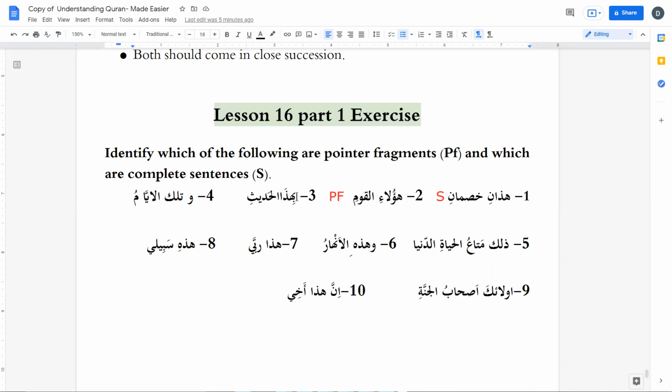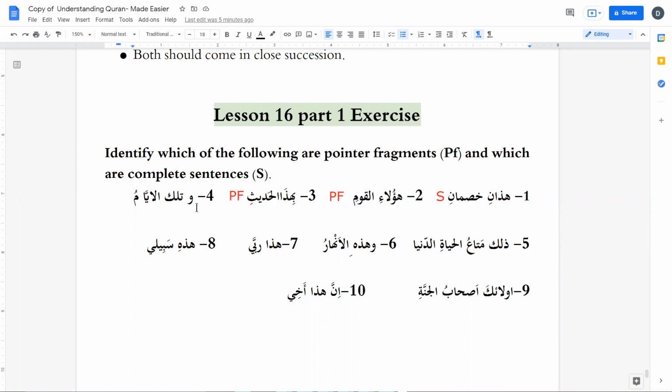So the first one is the combination of bi with hadha. Bi is harf jar, and hadha is ism majroor, in jar status. Then again, hadha is ism ishara, and al hadisi is mushar ilayh. MashaAllah. Yes, you are right. There are two fragments here, and the second one is a pointer fragment.